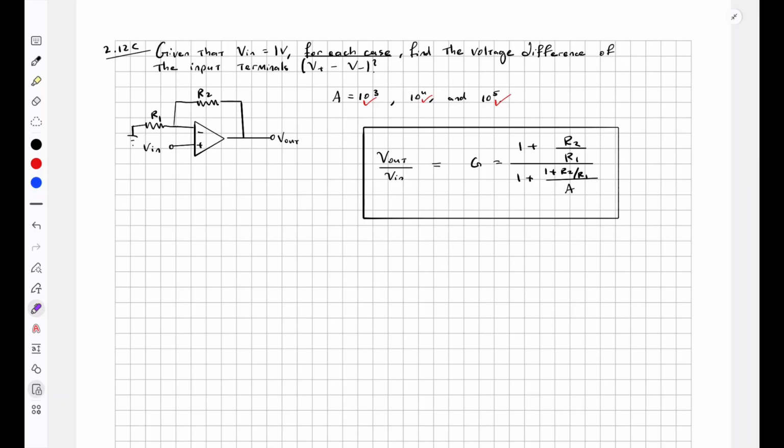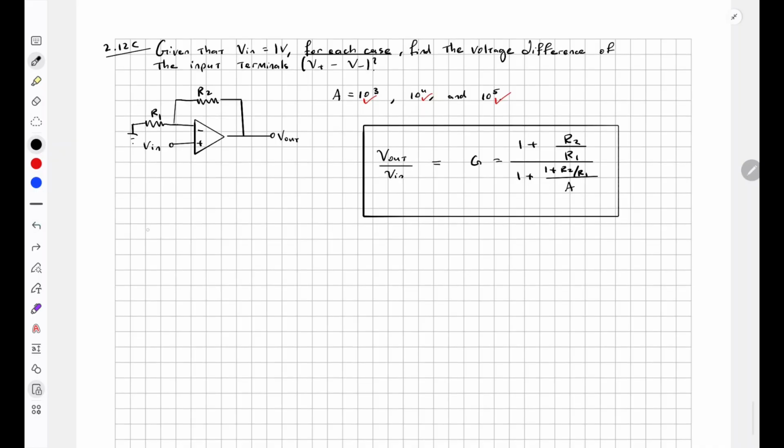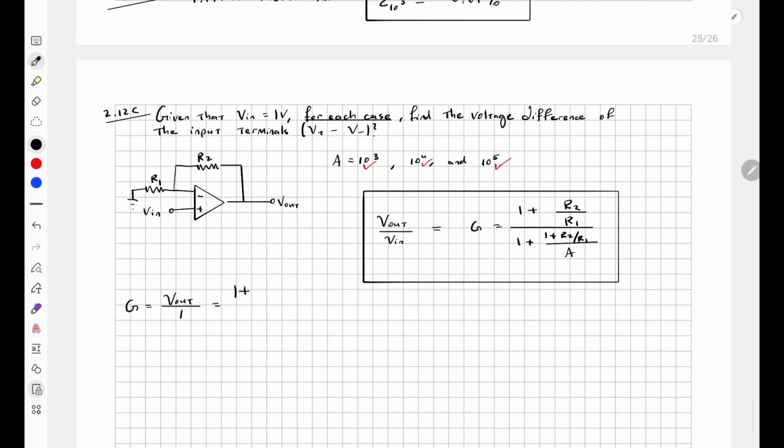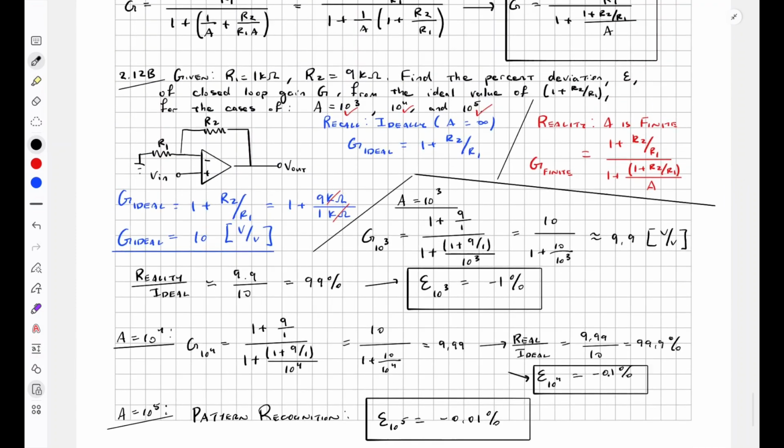First of all, we're told that V in is 1 volt. So this V in is 1 volt here, in which case we can plug in. G is V out divided by V in, and V in is 1 volt. Then we plug into this closed loop gain equation the resistor values provided in part B. R1 is 1 kilo ohms and R2 is 9 kilo ohms.